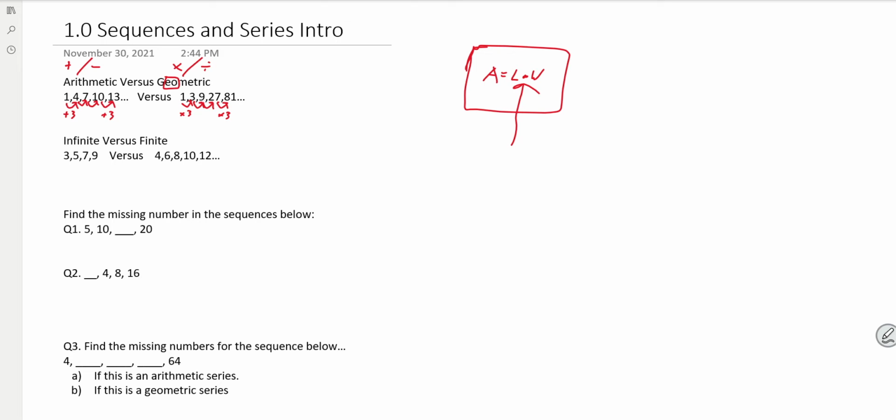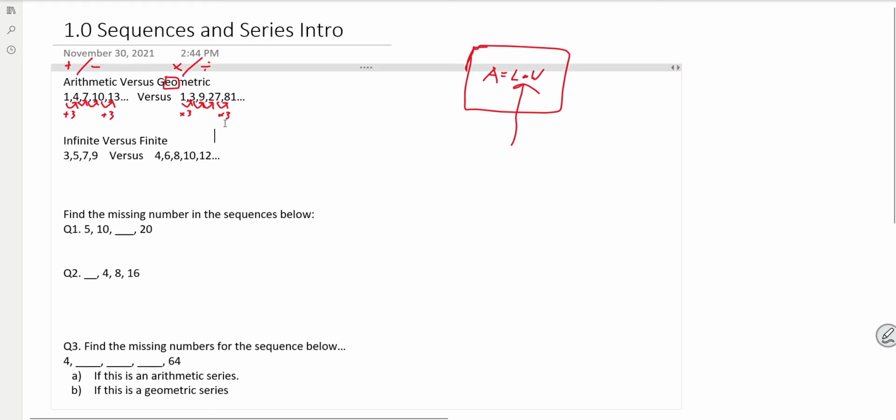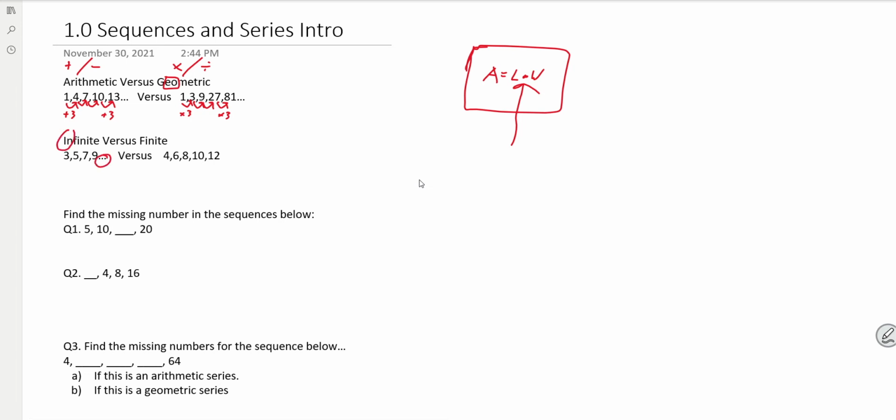Actually, I put it backwards, so let's do that differently. Let's go 1, 2, 3, and let's take away this. There you go. So for an infinite series, we add the little dots. It's not finite, it's infinite, so it has a little ellipsis showing that it goes on forever.